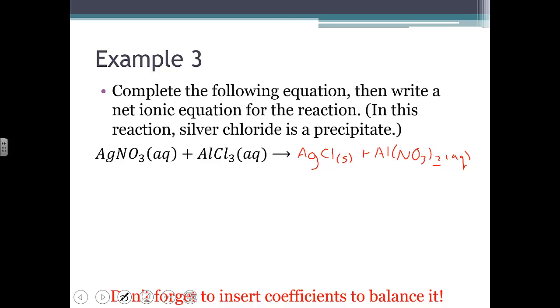So when we write this down as a complete ionic equation, what we're going to get is Ag+, I'm not going to bother with the aqueous right now because I'm having a hard time writing, plus NO3-.